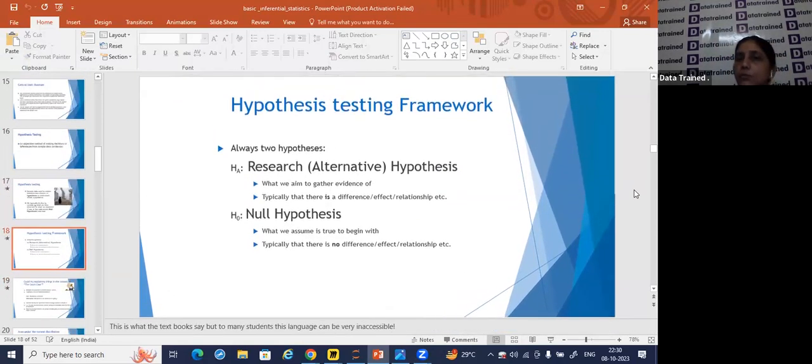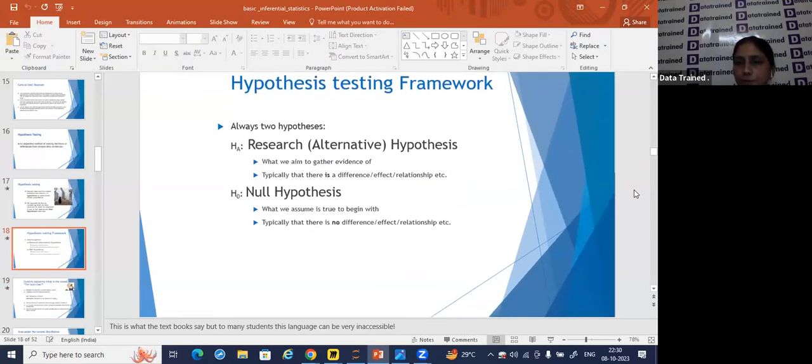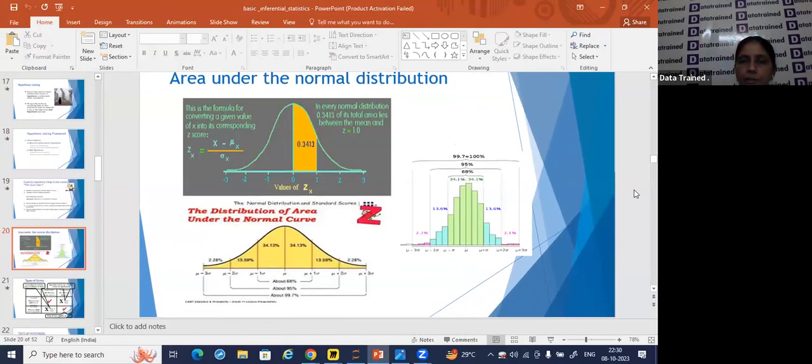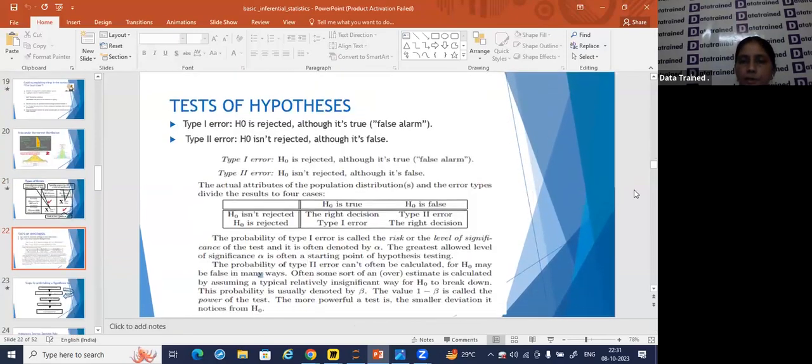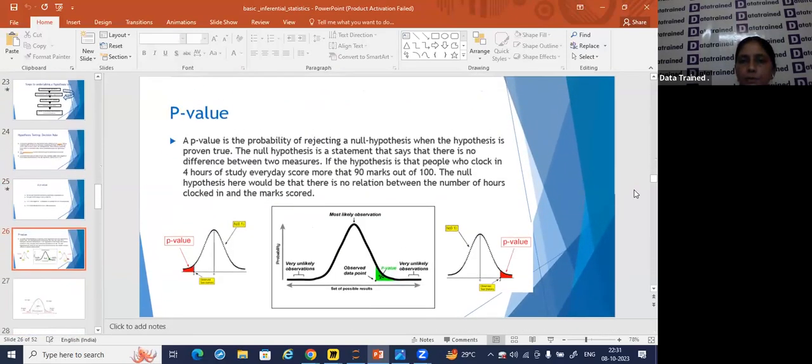We need to understand how the null hypothesis and alternative hypothesis work.